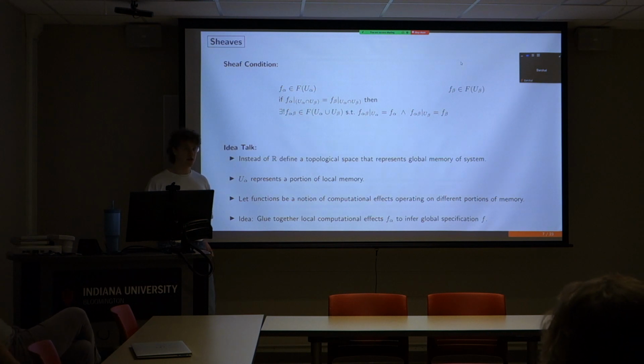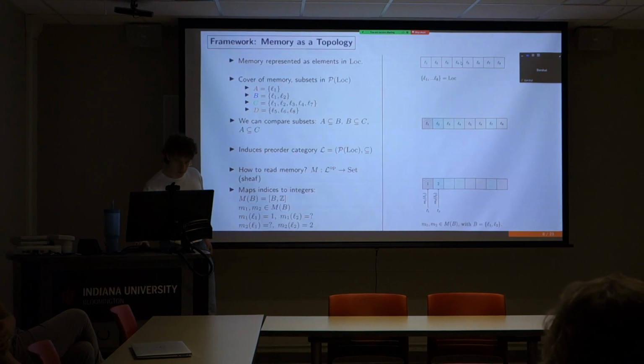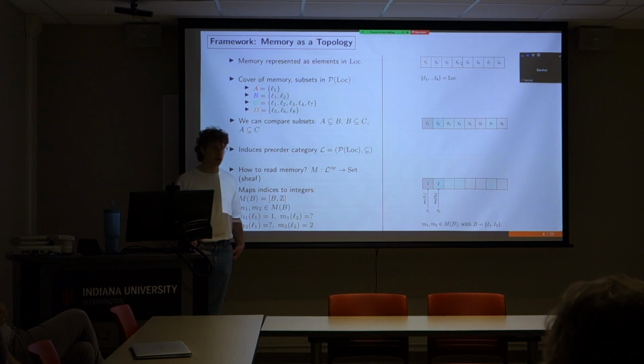If we have a sheaf, it should say that if those computational effects behave the same on the overlap of those different memory regions, then we should be able to combine them to get a computational effect that operates on the combined memory region. Okay, now I will show how we will do this.